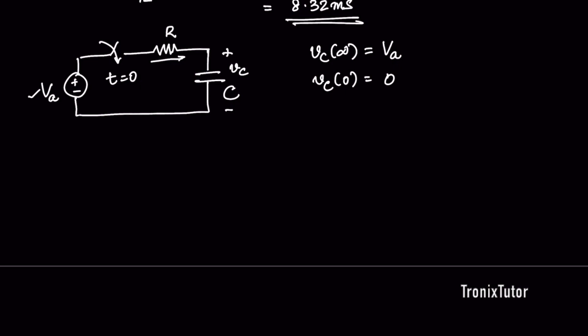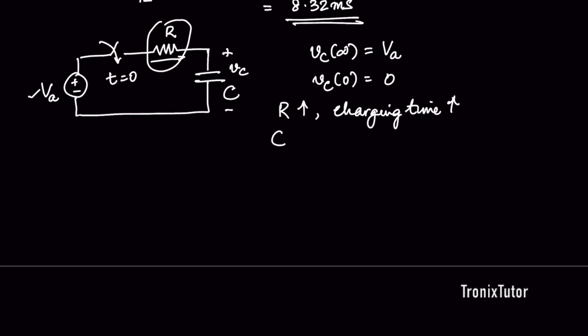Now let's talk about the impact of this resistance. Remember again, resistance is an impediment to current. It restricts the current that's flowing in the circuit, right? So if I have a larger resistor, it's going to take longer for me to charge. So if my resistance increases, my charging time is going to increase.